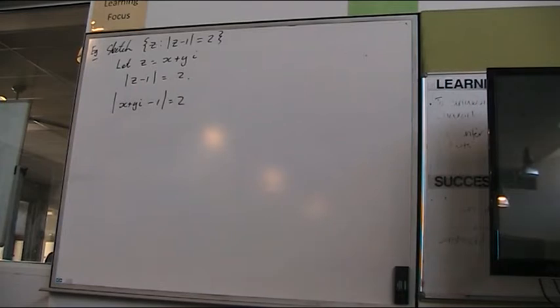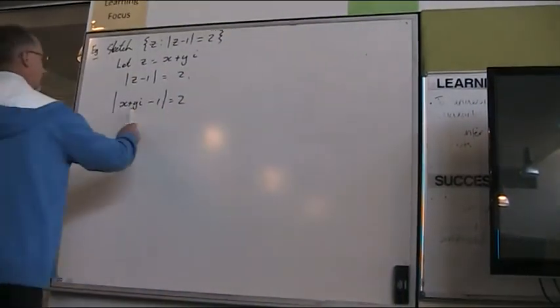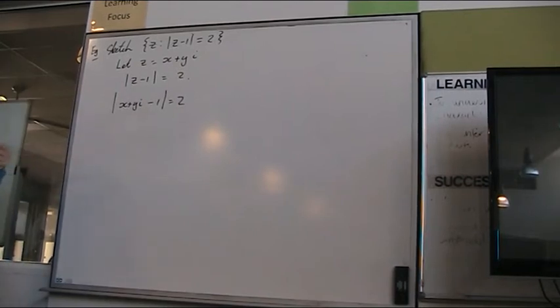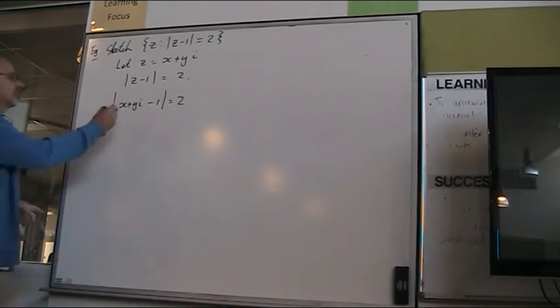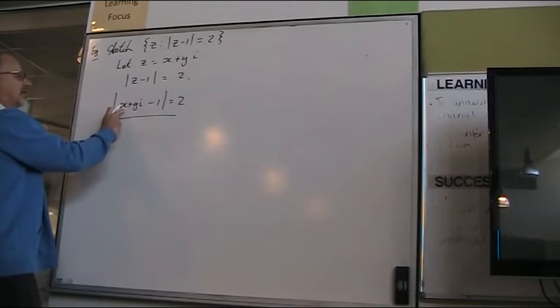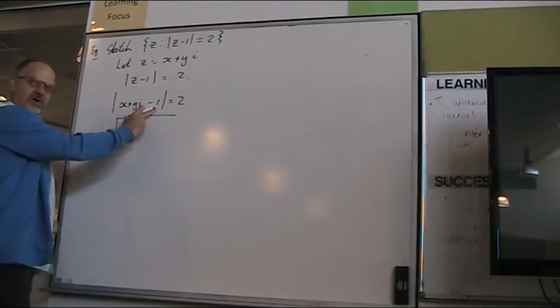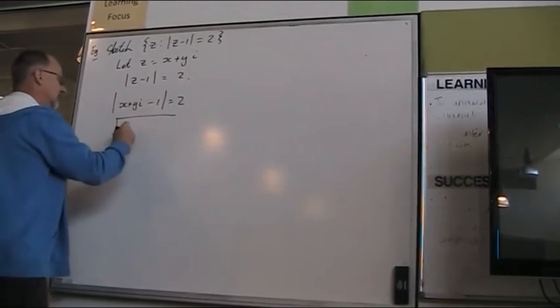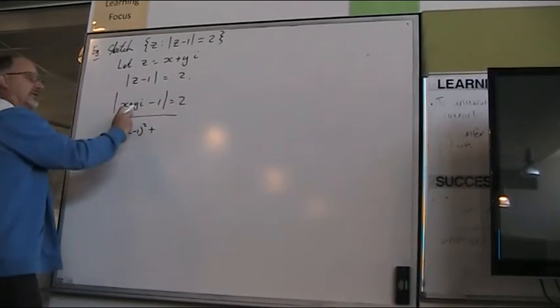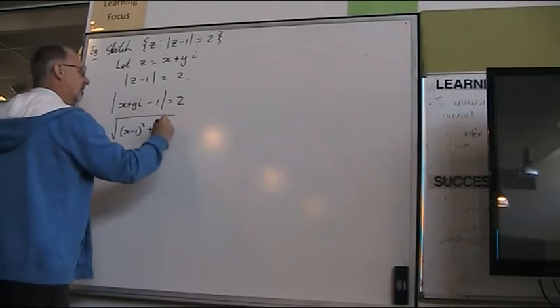All right, so the magnitude of a complex number is the square root of the real part squared plus the imaginary part squared, yes? So that's what we do here. So it's the square root of the real part, well, it's x minus 1, so x minus 1 squared, plus the imaginary part, which is just y squared.